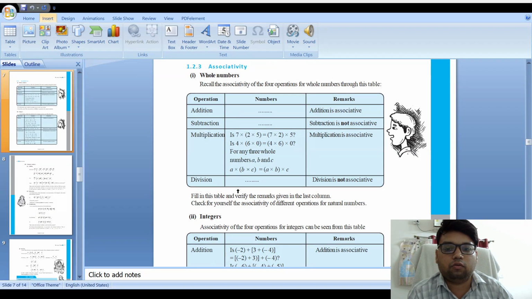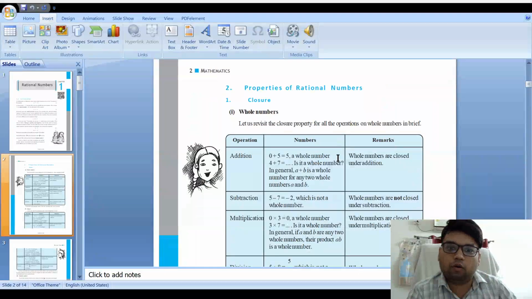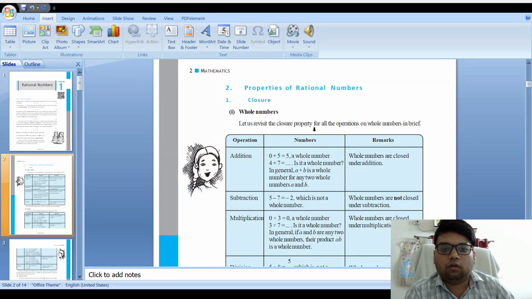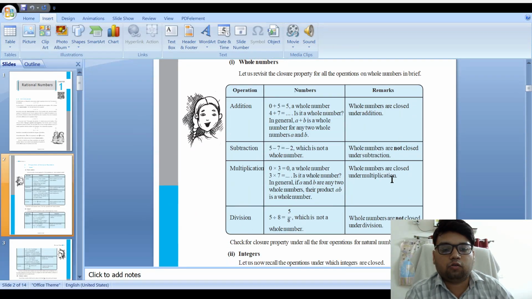Now we have to see some examples, as given in your notebook. The examples were given after the properties of rational numbers, just like the first property, the closure property. As I said in the previous class, the closure property holds for addition and multiplication, not for subtraction and division, as mentioned here.